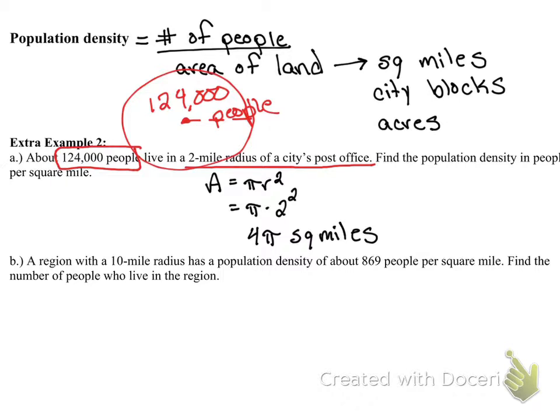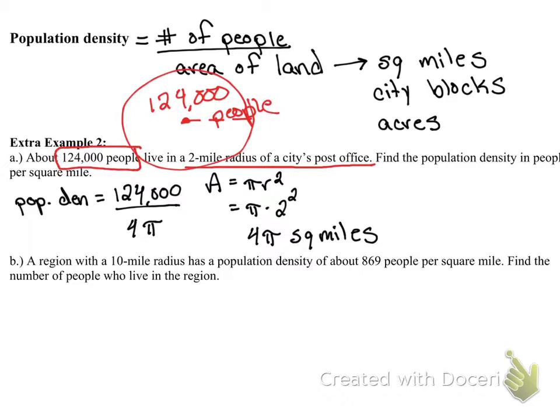Okay, so now population density would be equal to the number of people divided by the area, which is 4 pi square miles. So the units up here are people, and the units here are square miles, so I'll get people per square mile. Now if we do the division, I take 124,000 and divide it by 4 pi.